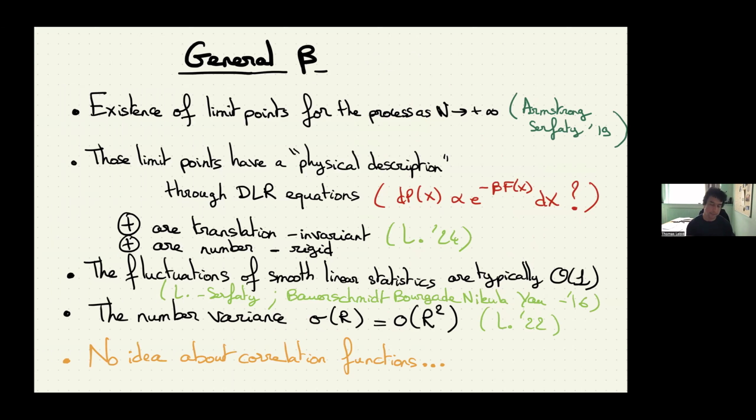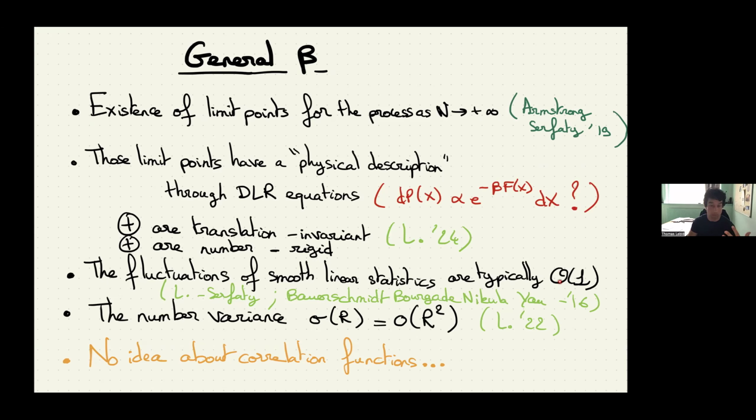So again, there's a form of order that survives for every beta. What was known from before, so these are papers by Bauer, Schmidt, Bourgade, Nicolas, and Yau, and by Sylvia and myself, a little bit older, is that if you replace indicator functions by smooth statistics, and you ask the same question, which is the growth of the variance, then you get something much, much better.